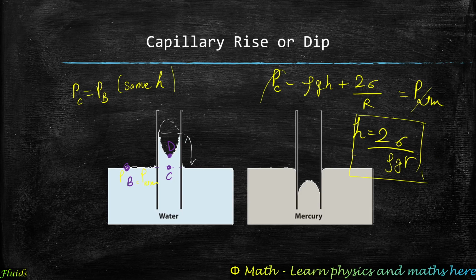In this case this R, capital R, is not the small r. So from here we can see small r is equal to capital R cos theta, or its cos component from the figure. So now we have made it in terms of capital R, the radius of the bubble.